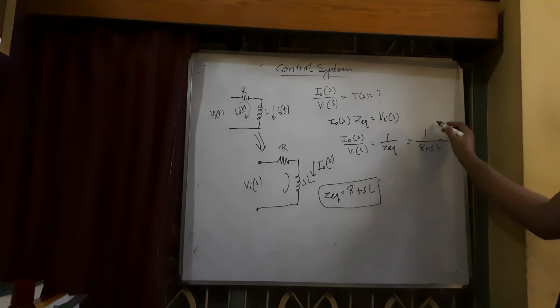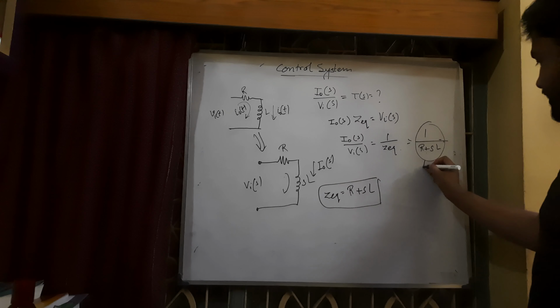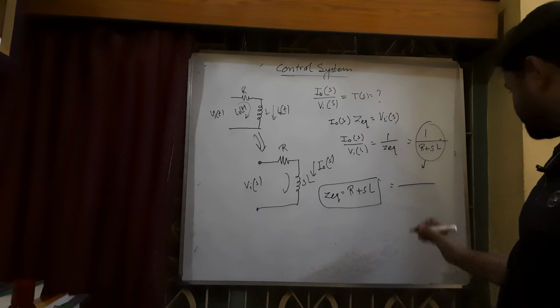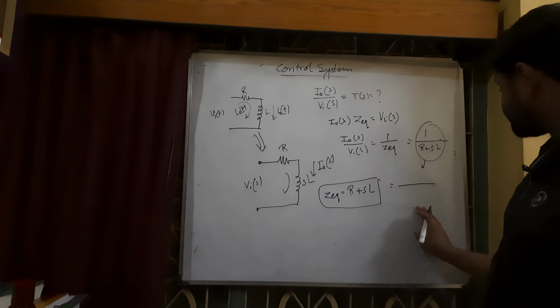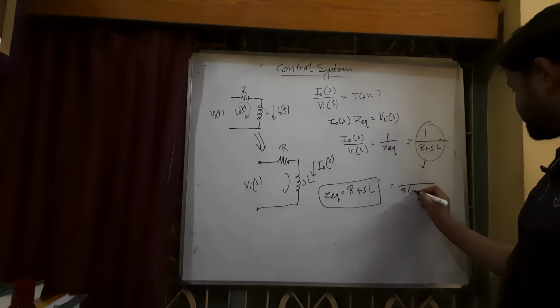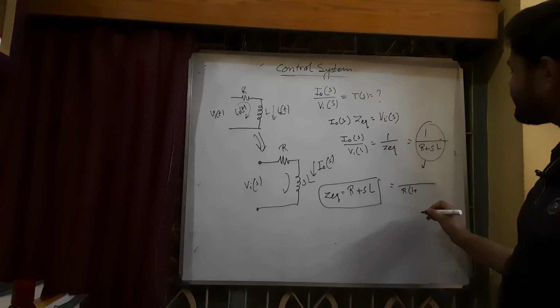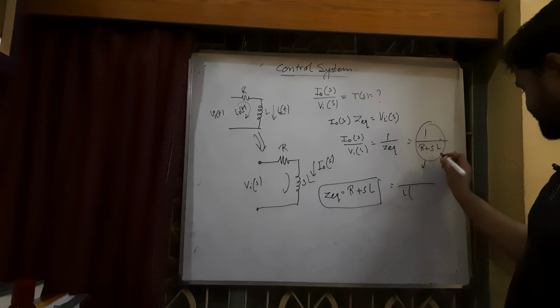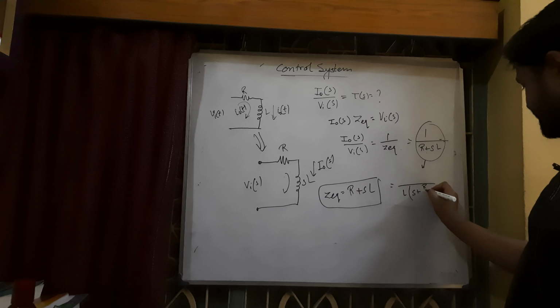Now this is the simple polynomial form. We can convert it into pole-zero form like this. L is taken common here, so it becomes 1 by L times 1 by (s plus R by L).